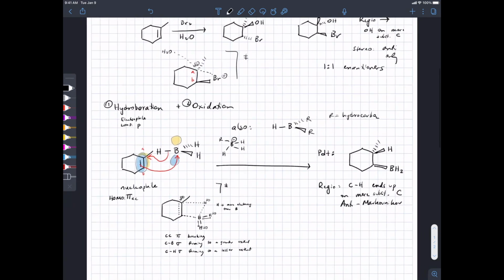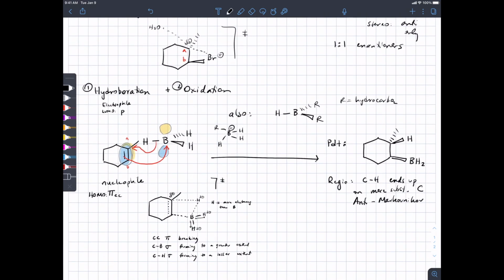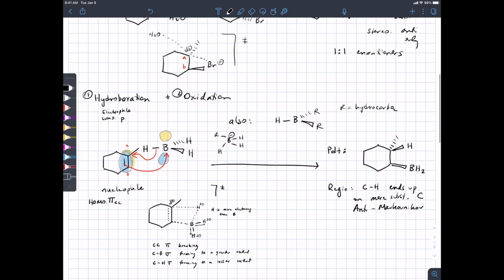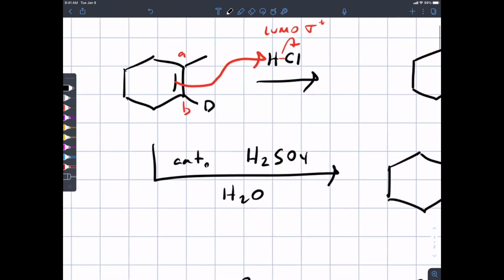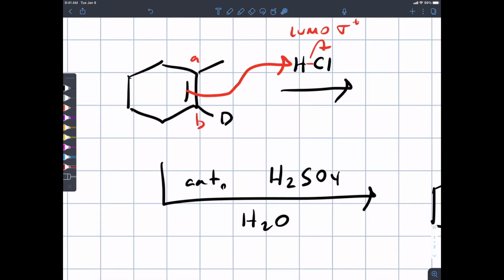Look at the difference between this first hydroboration step versus the first step of adding HCl. Notice that when we add HCl, the pi electrons attack hydrogen. That's an electrophilic hydrogen. That's like H+.